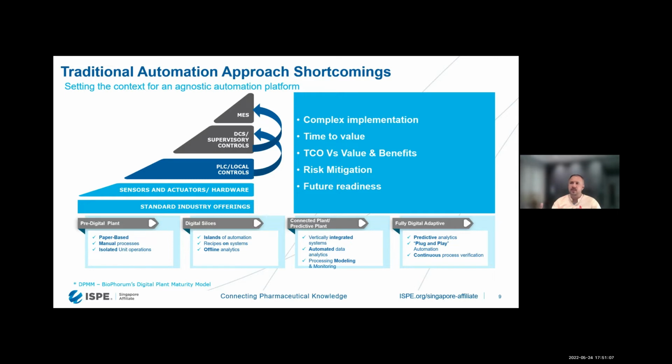So I think those are some of the choices. The total cost of ownership versus the value benefits, right? I mean, how much do I spend today? And should I have a staggered spending over the next 2 or 3 years? Should I have a few milestones with which I can achieve where I want to go in the next 2 or 3 years? Risk mitigation, and then future readiness.